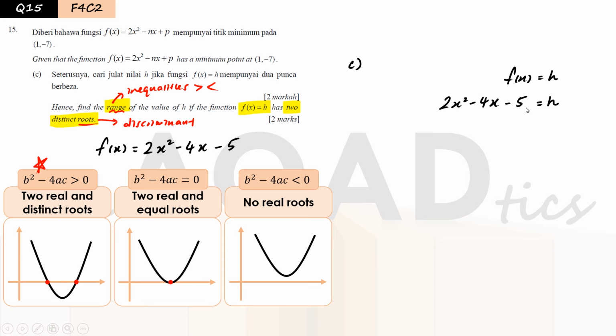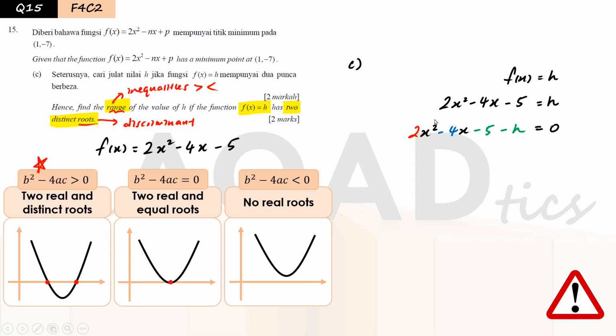Okay, so here what I'm going to do is move h to the other side, to see what is the value of a, b, and c. Okay, so the value of a would be the coefficient of x squared, which is 2. The value of b would be the coefficient of x, which is negative 4. And c would be the value that does not have x, so it includes the h here.